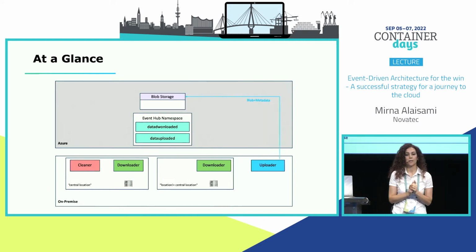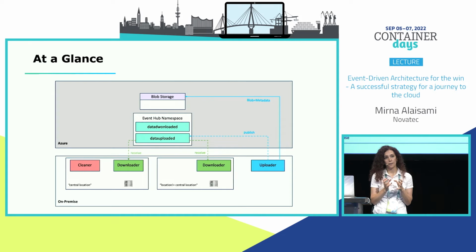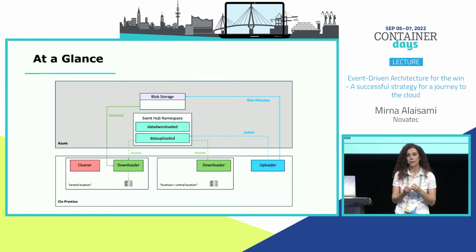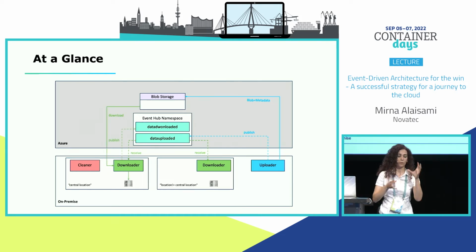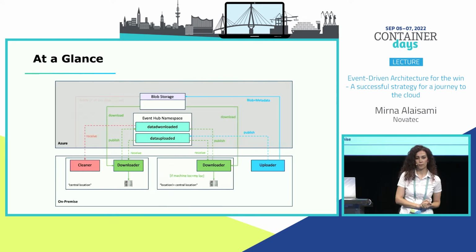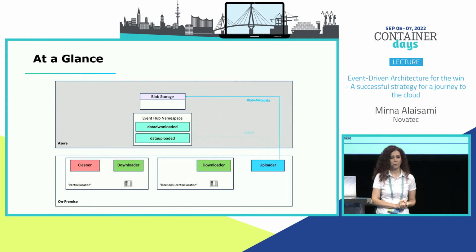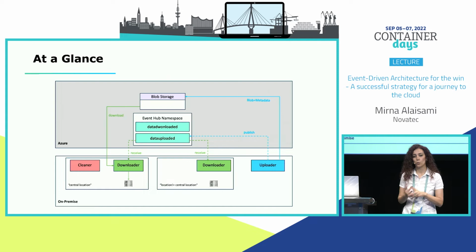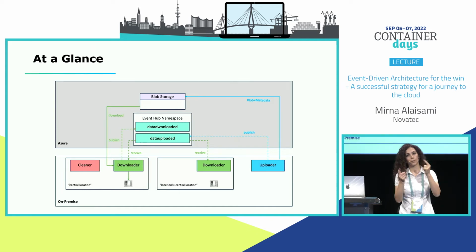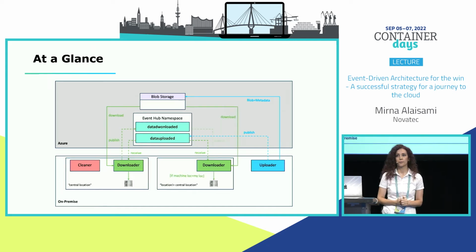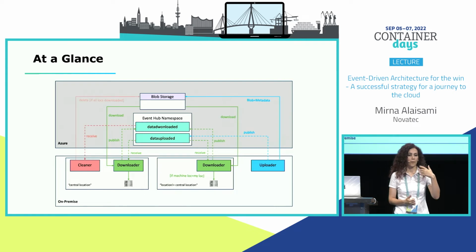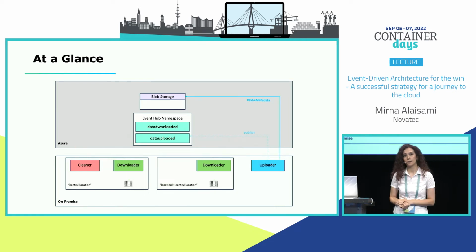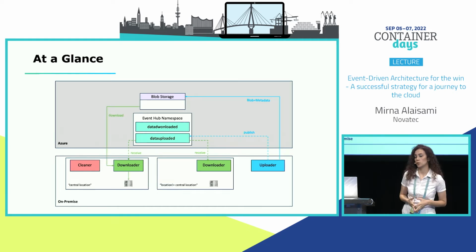They will receive the events, and they will decide whether to download the data based on the location of the machine itself. And as we said, the central location will always download those data. And the cleaner is also listening to the data downloaded topic, to which those downloaders will also send downloaded events after downloading the data. And the cleaner will make sure to only delete the data after receiving all the events from all the locations that the machine belongs to.